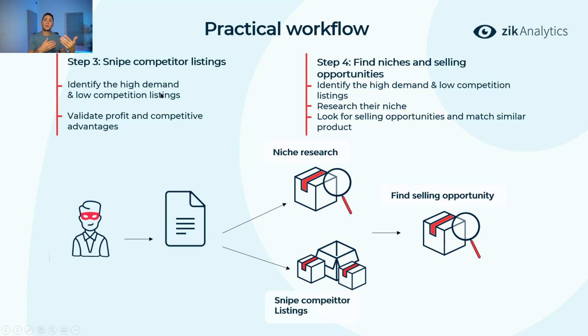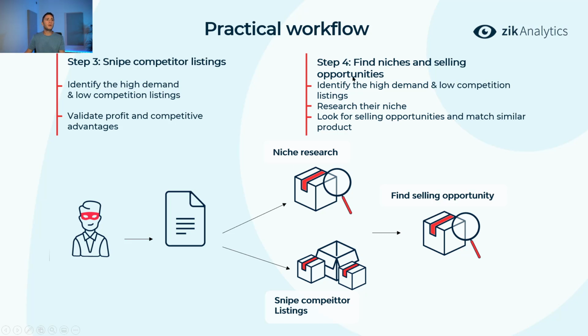Inside Zik Analytics, you can actually see 30 days sales, 7 days sales. You can see also lifetime sales, and also how many people sell the product on eBay with the same title. And number 2 is validate the profit and competitive advantages. So if you decide to just take a price from competitors, you must validate the demand, validate the profit, and make sure you have competitive advantage.